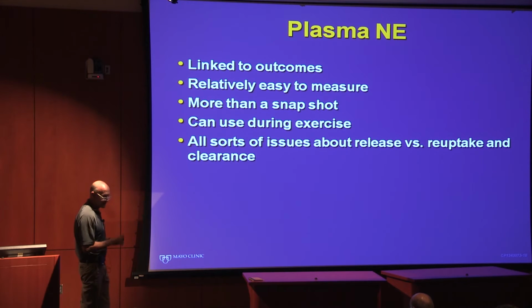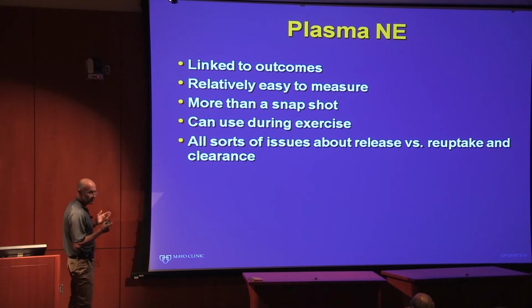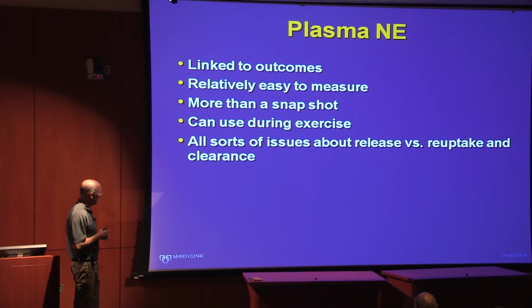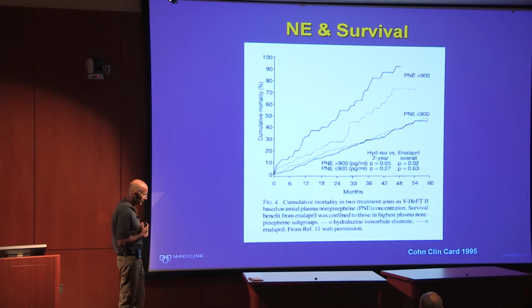Plasma norepinephrine, great measurement, it's linked to outcomes. Relatively easy to measure, provided you've got somebody in the clinical chemistry lab who knows how to do it. It's more than a snapshot. You can use it during exercise, but there are all sorts of issues about release versus reuptake and clearance. And this is just a single slide from a review article by Jay Kahn in one of the big trials of congestive heart failure.